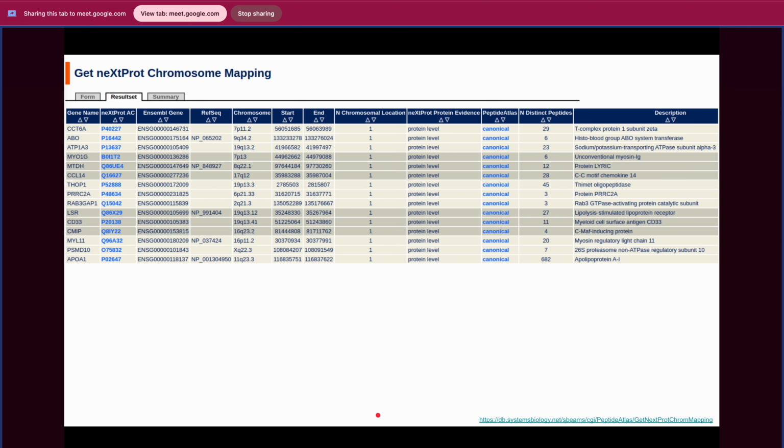So if we click on query, then this particular window will open up, which will give you the list of all the genes and their neXtProt accessions, and then Ensembl gene IDs, RefSeq gene IDs. So these are the other different repositories where the information is present. It is just telling you their IDs, because there are some genes for which the information is available at Ensembl as well as at RefSeq. In RefSeq, they are telling you about NP, which is the ID given to the protein sequence.